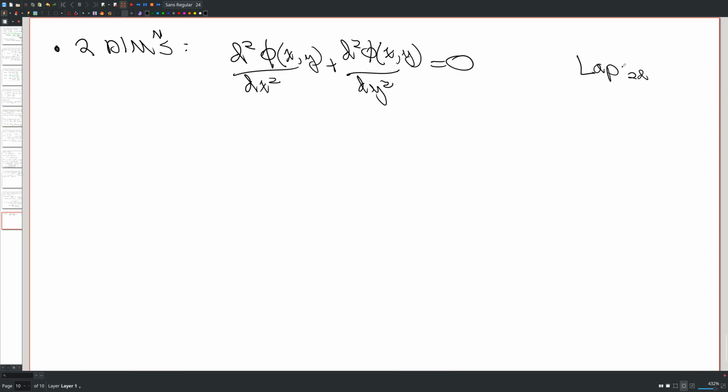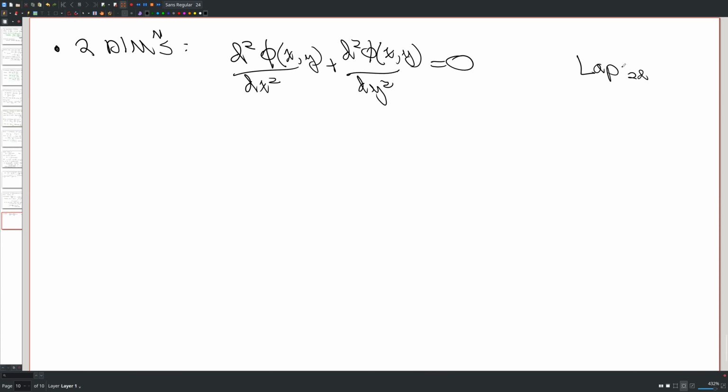Okay, so now imagine taking a piece of elastic cloth, right? And imagine taking the edges and shifting them. You get a membrane that has a shape. This shape is a solution to the 2D Laplace equation.